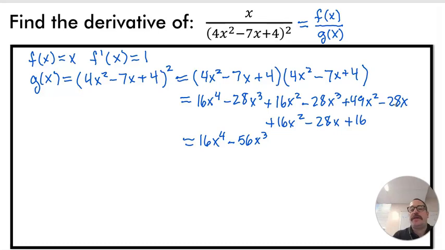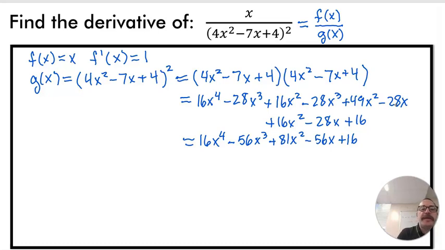And then I've got, let's see, 32 plus 49 x squared. So that would be 81. And then my x's, I've got 56 of those. And just 16 hanging out on the end.